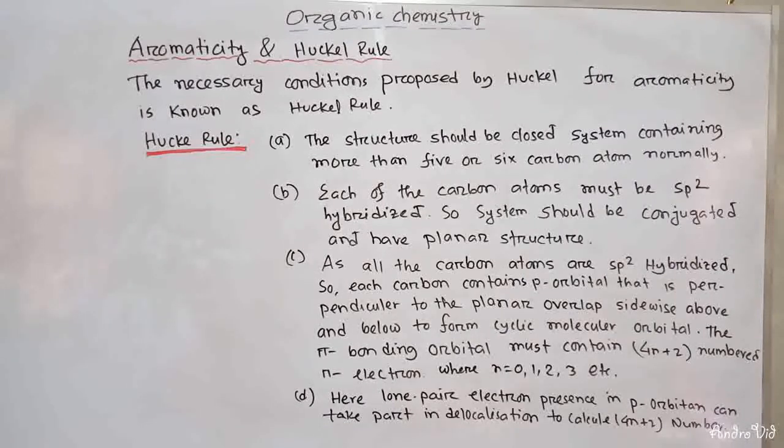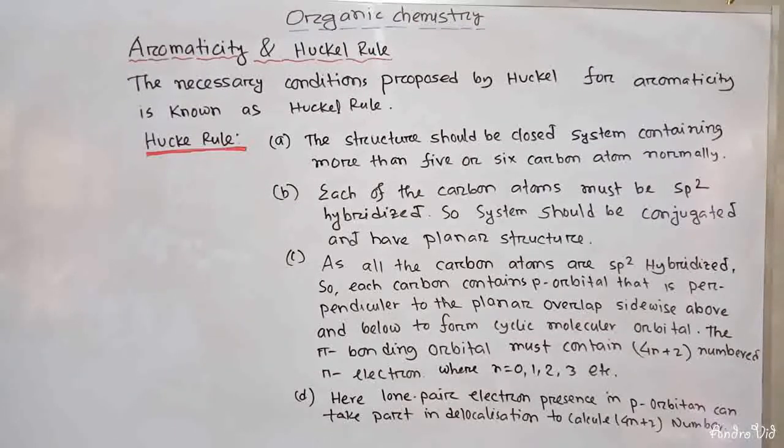Now D: if any system contains a heteroatom, for example nitrogen or oxygen, having a lone pair of electrons, and if this lone pair is present in an unhybridized p orbital, the lone pair can take part in the delocalization of the aromatic system.